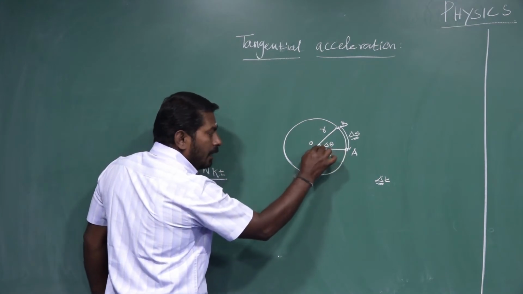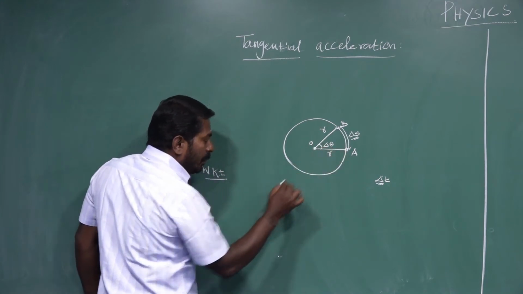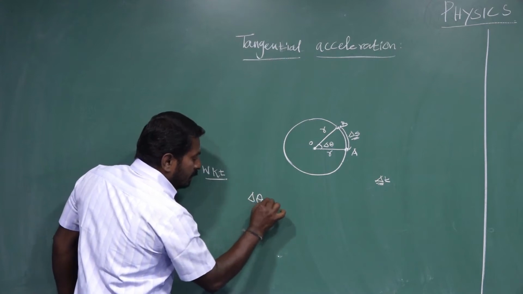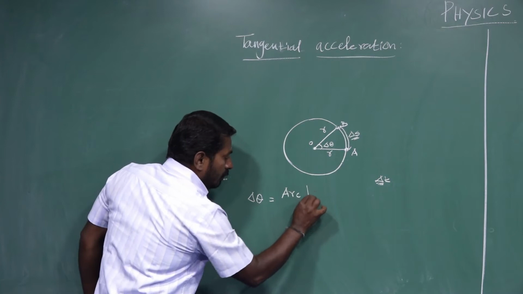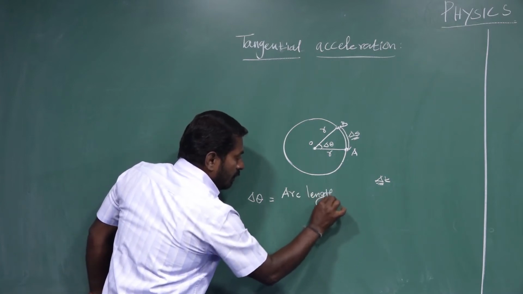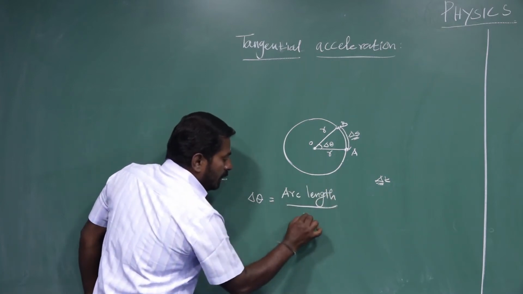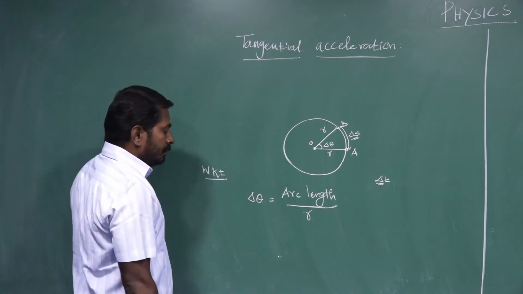delta theta, the angle subtended at the center of the circular path, is equal to arc length divided by the radius of the circular path.